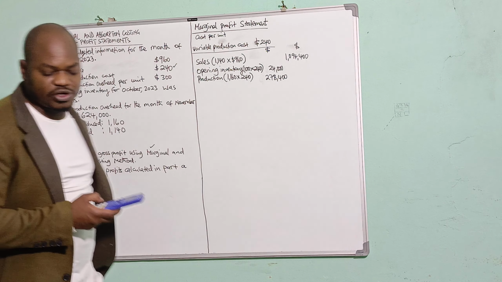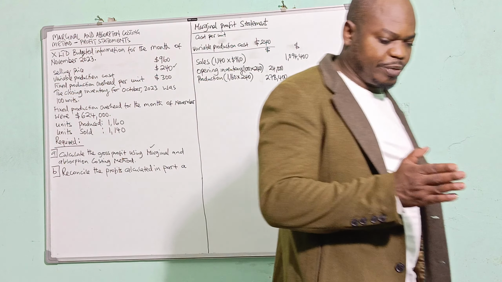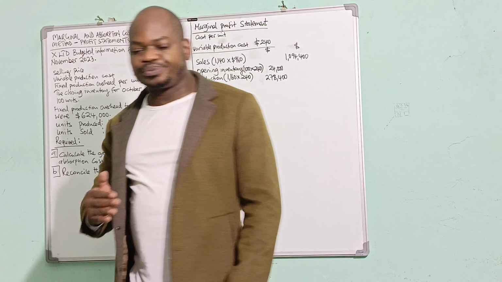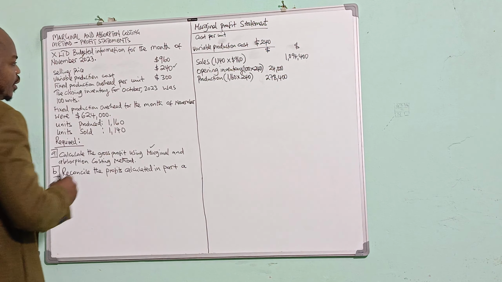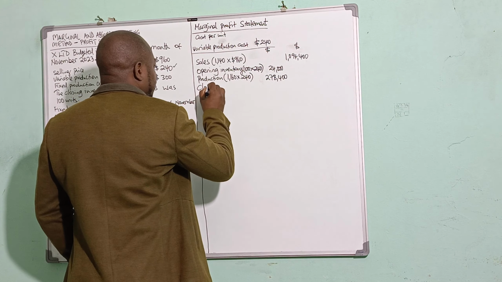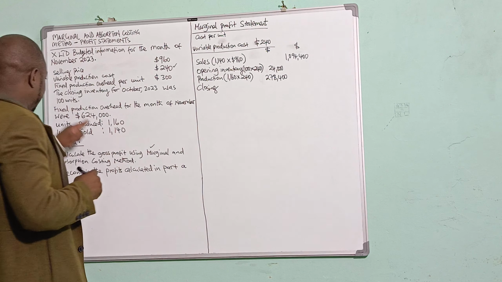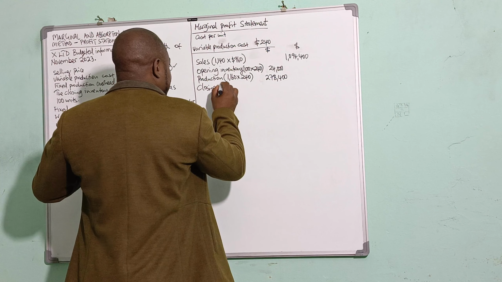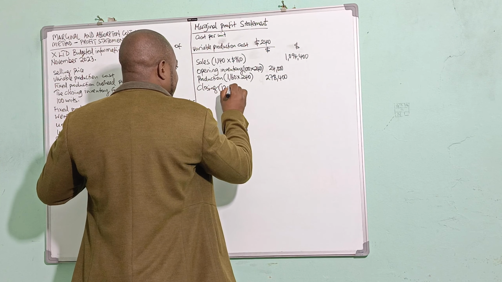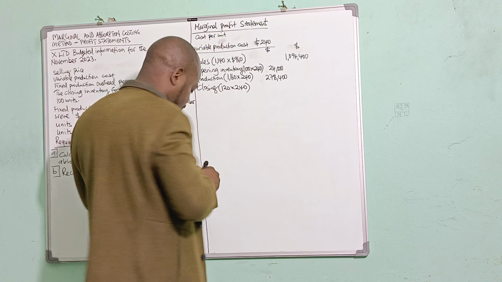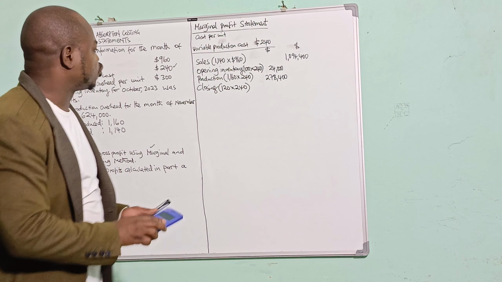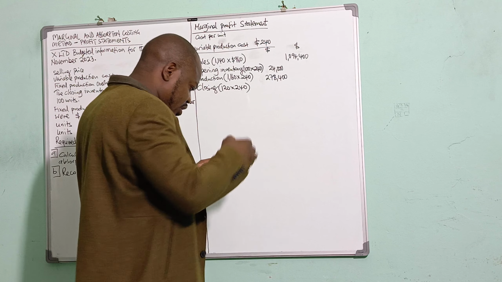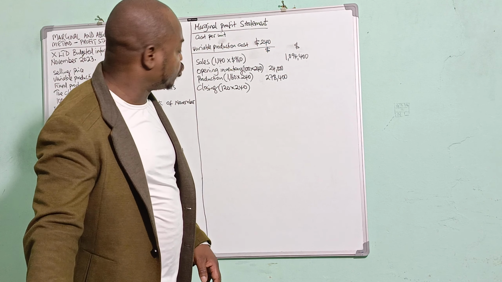That would be my closing inventory. So 120 units at $240 gives me $28,800.